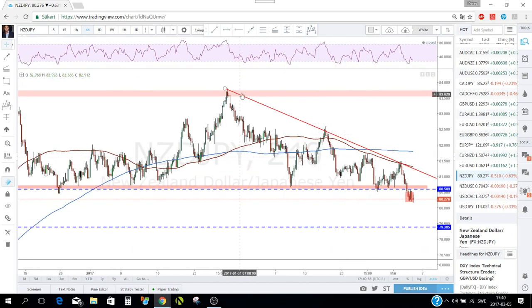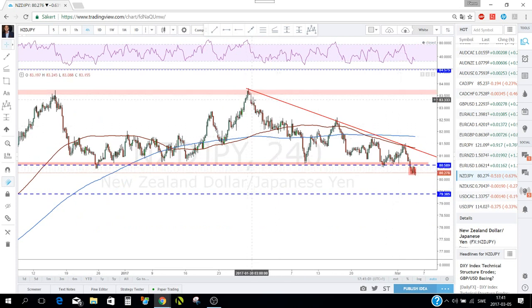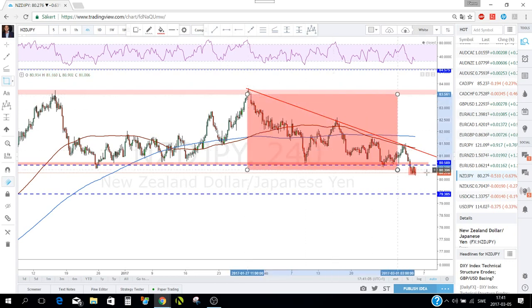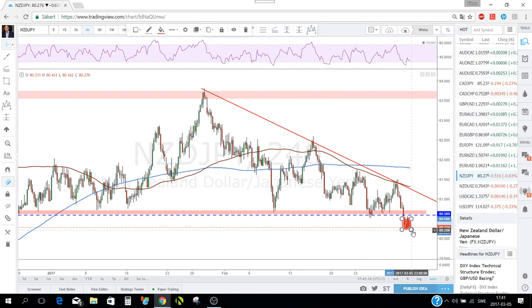So for now, we have a new lower low and a new lower high. This whole move is a downtrend, as you see. Lower low, lower high, another lower low, another lower high, and now this was our last lower low.